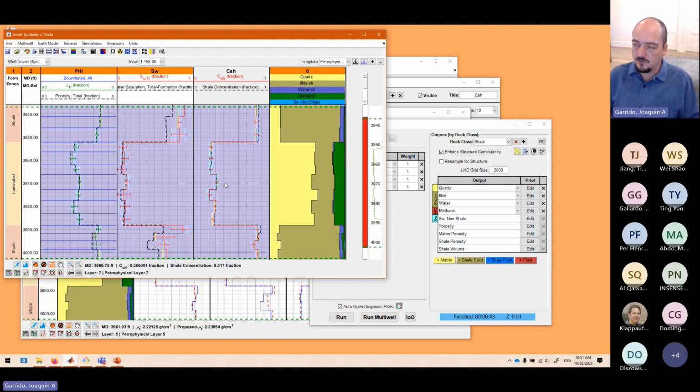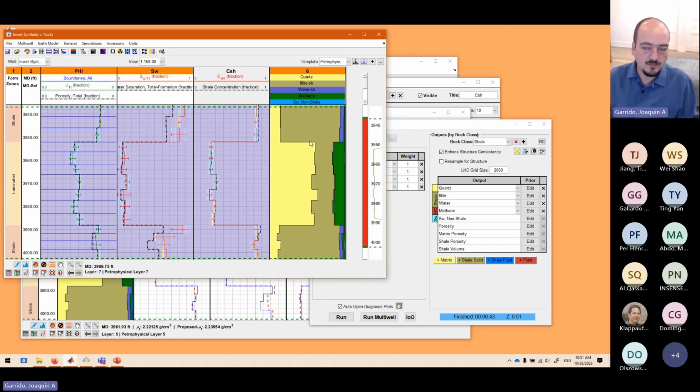The uncertainty is propagated from the tool to the log inversion, so from the tool to the physical properties, and then from the physical properties to the petrophysical properties. We think getting these confidence intervals can be really important and can allow you to make a much better evaluation of what you really have.